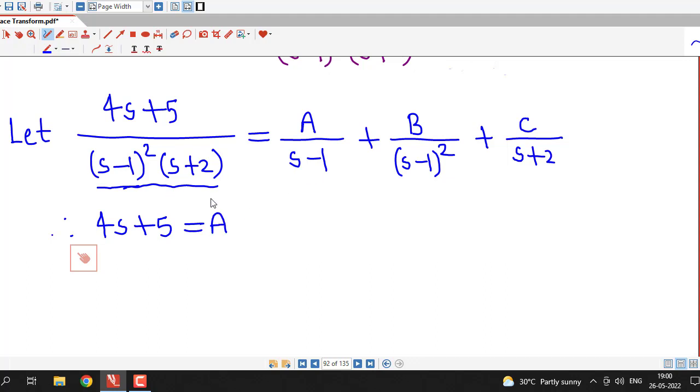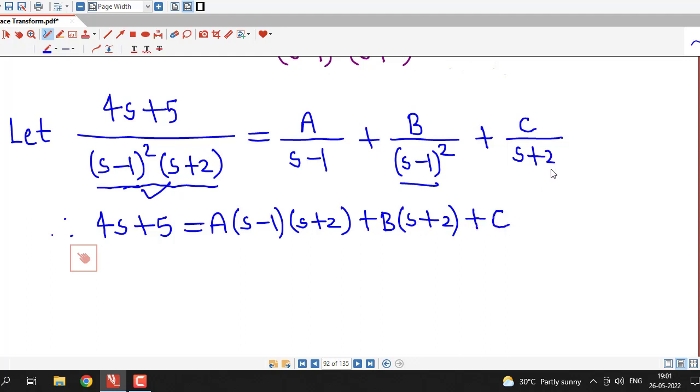Here s minus 1 will cancel out and we will be left with A times (s minus 1) into (s plus 2), plus B times (s plus 2), since the square of s minus 1 cancels out, and here s plus 2 will cancel out and we will be left with C times the square of s minus 1, and we give this equation number 1.